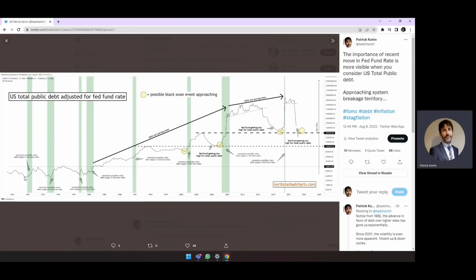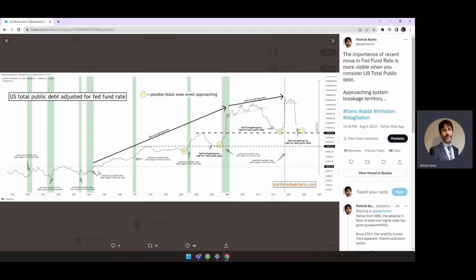So that means on the way down. As this goes up, as total public debt surges against the Fed fund rate, we're in a recession. So that means the Fed is probably cutting, or the debt is staying stable, then we're in recession. Same thing here, higher probability of recessions here, same thing here.